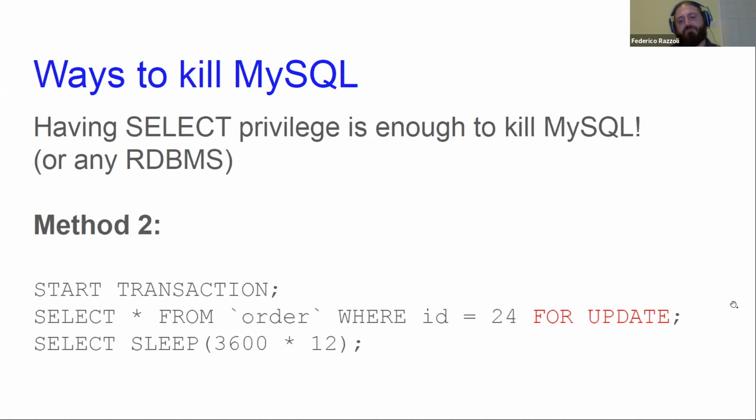So the effect in the long term could be the same. Actually, it's even worse because not only do I keep the transaction open, but I also prevent any other concurrent connection from modifying or deleting that row.